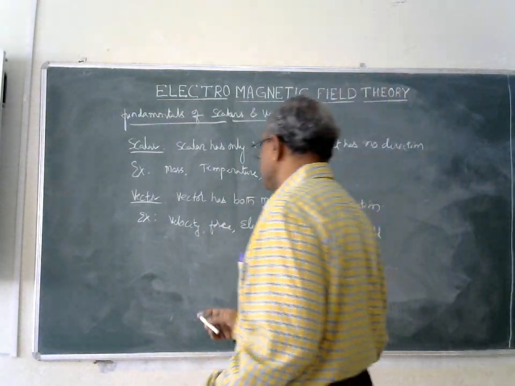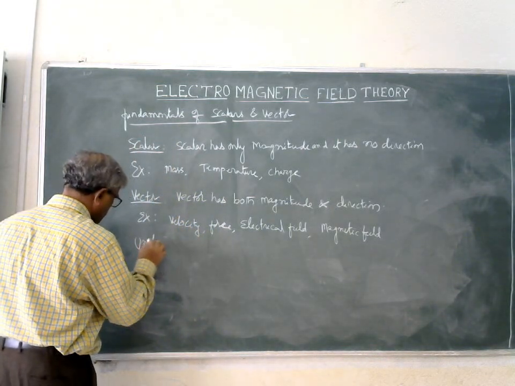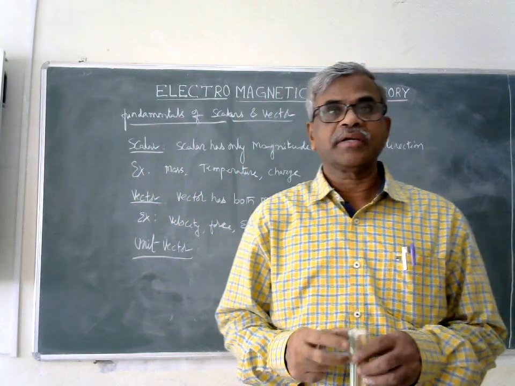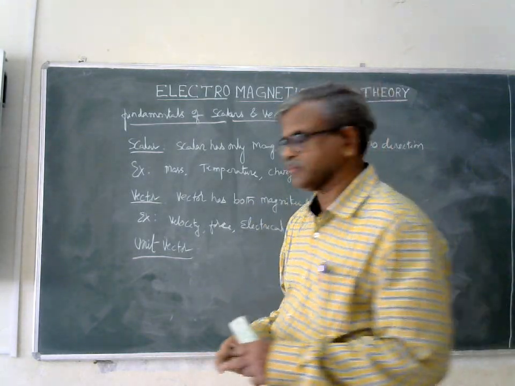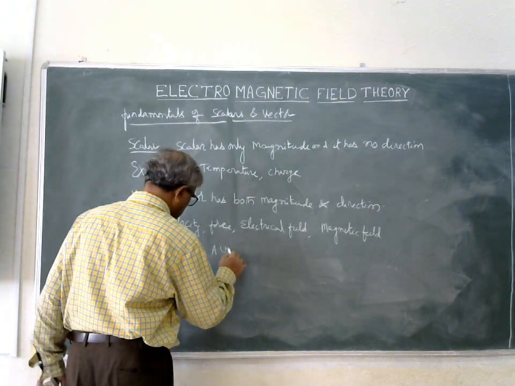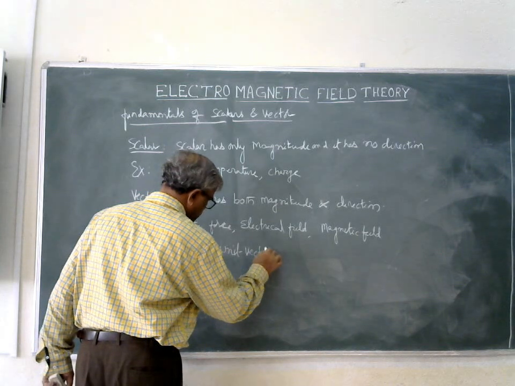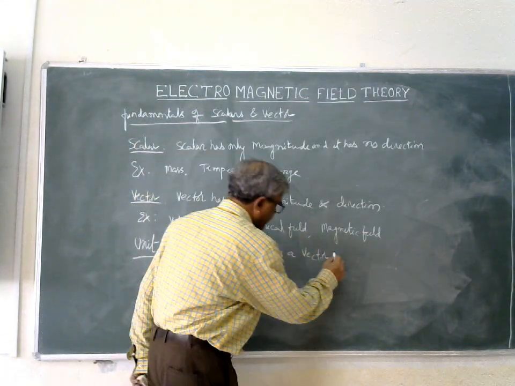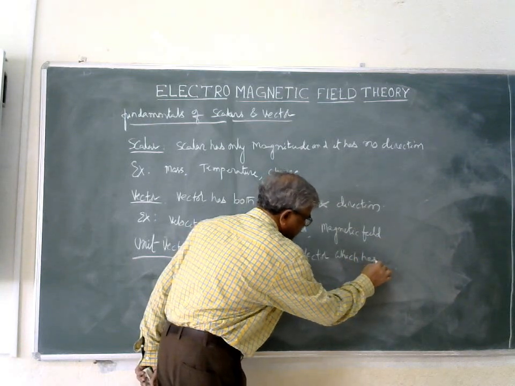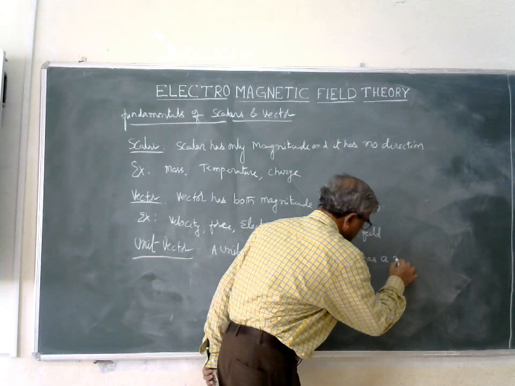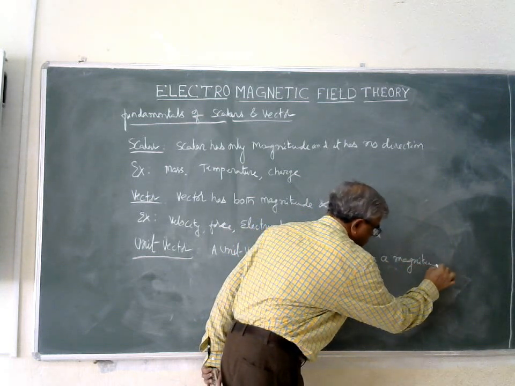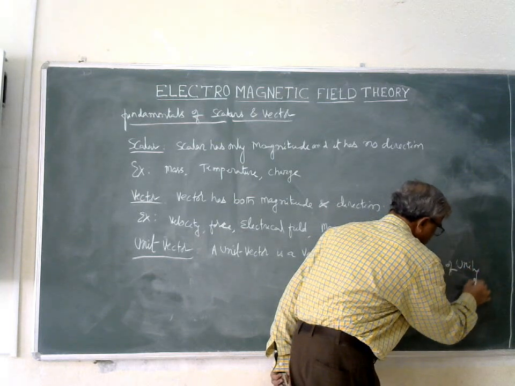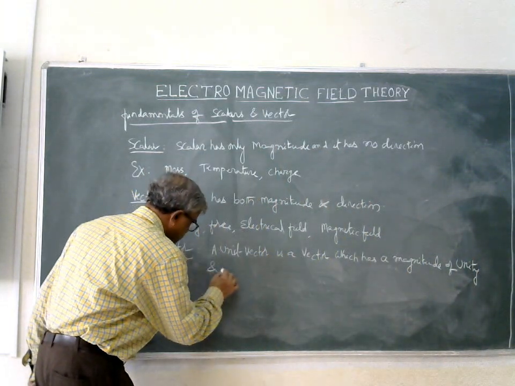Next one is unit vector. A unit vector is a vector which has a magnitude of unity and direction.